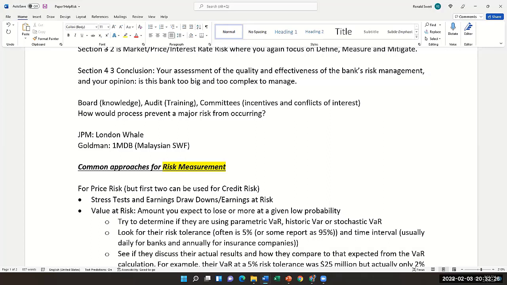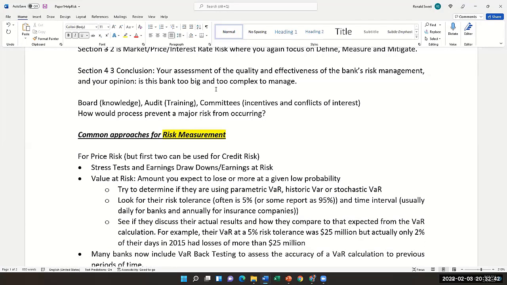I just typed Goldman Sachs large loss, and a Wikipedia page came up, Goldman Sachs controversies. And it listed all kinds of things that Goldman Sachs has done. So, you've got the internet there. Would this process that they have prevent a major risk from occurring, or is it all smoke and mirrors? Is it a process just to make it look good, or is there really nothing going on at all?